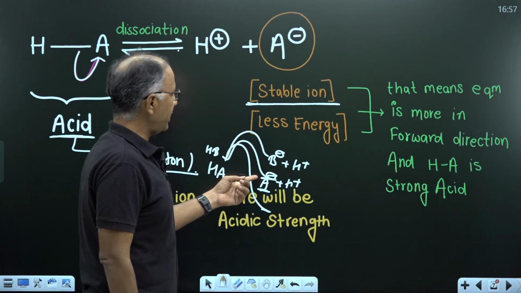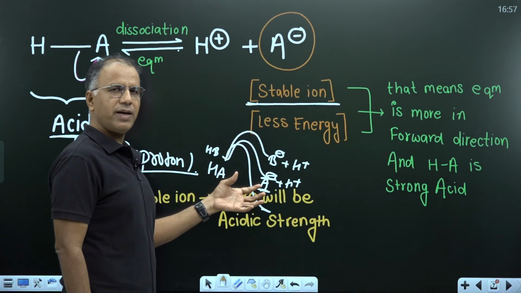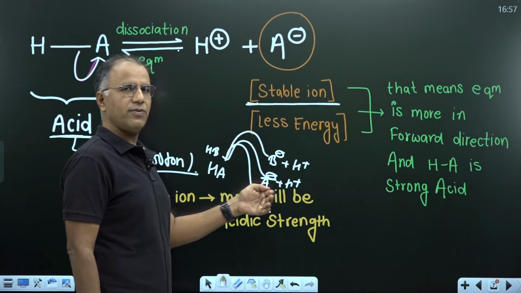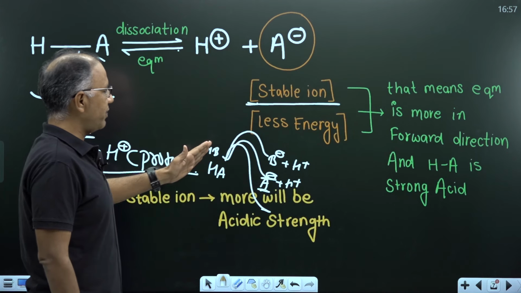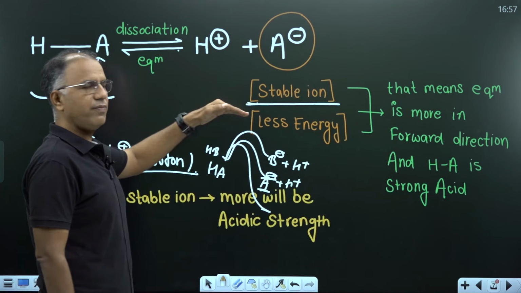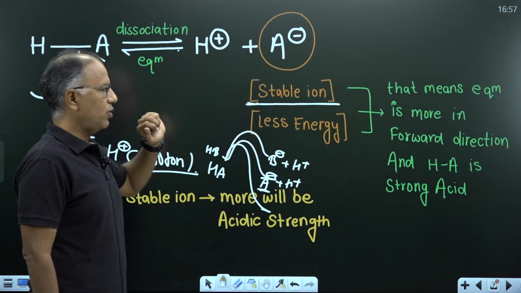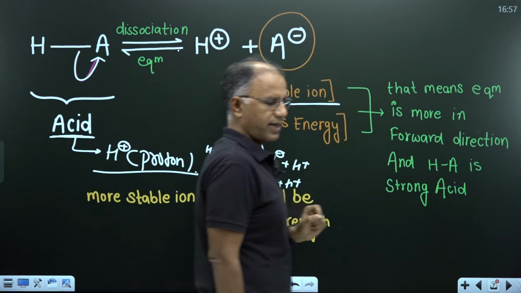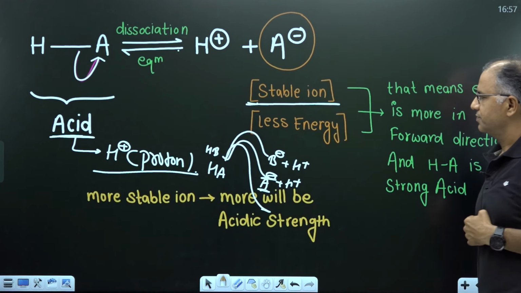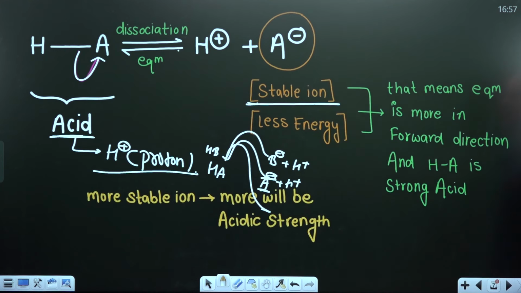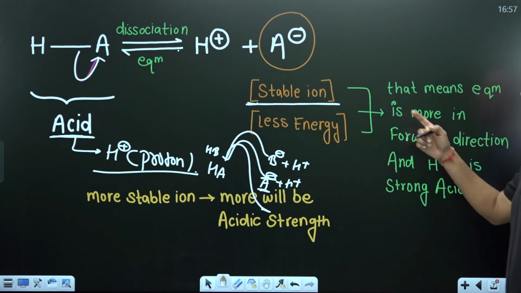More the stable A minus, less will be the energy of A minus, more equilibrium will be in forward direction. You just remember, more stable A minus, less is the energy of A minus, more is the equilibrium in forward direction. Means A minus stability will decide the acidic strength.